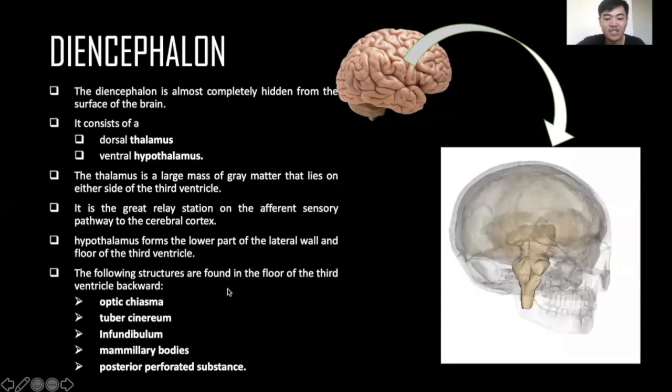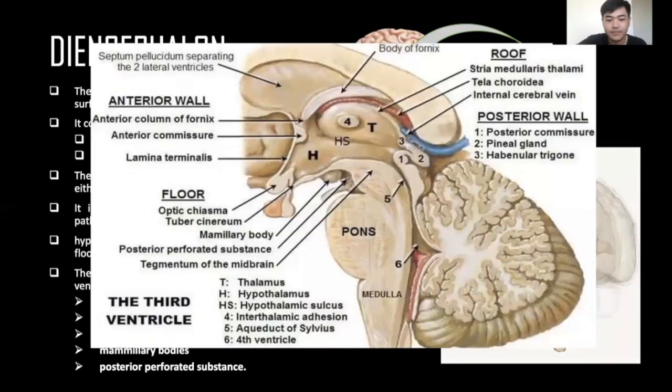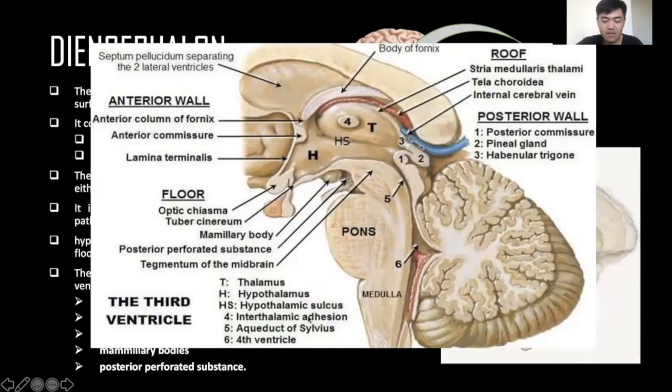So the following structures are found in the floor of the third ventricle backward. We have here the third ventricle, and the structures that lie near it: the mammillary body, the posterior perforated substance, the optic chiasma, and the tuber cinereum.